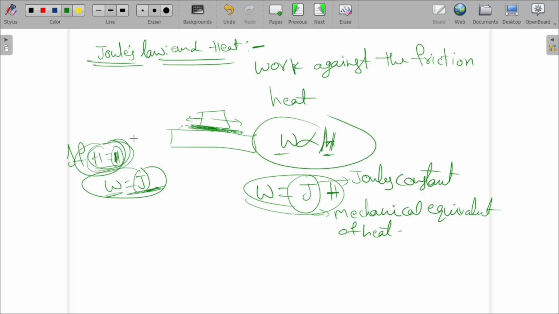If that much work is done, then we can say work done is equal to the mechanical equivalent of heat. Okay, clear?